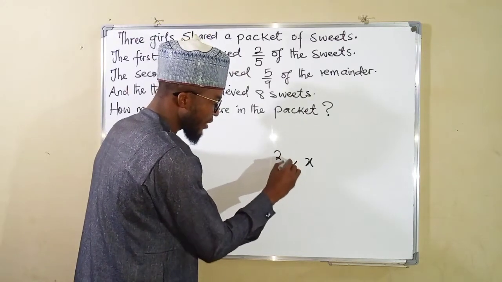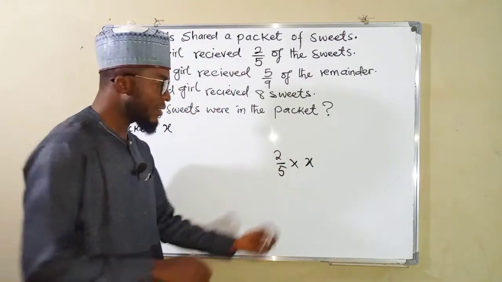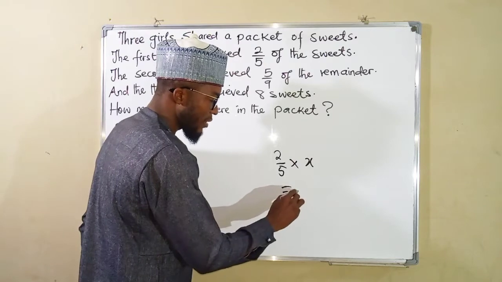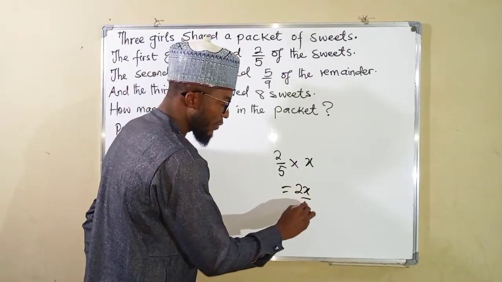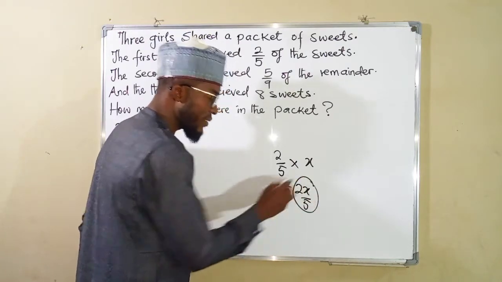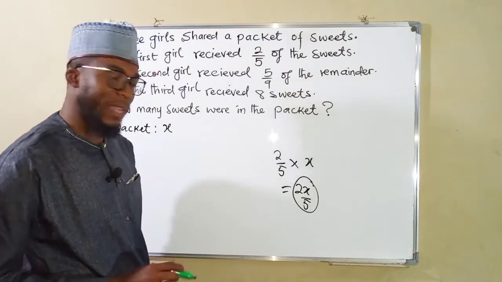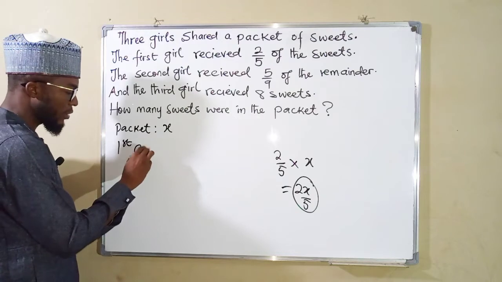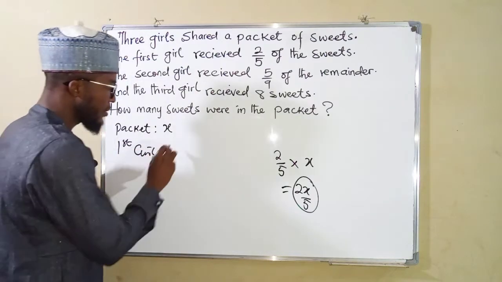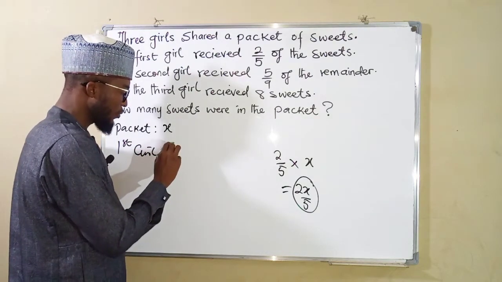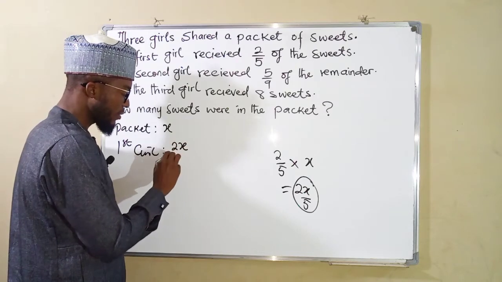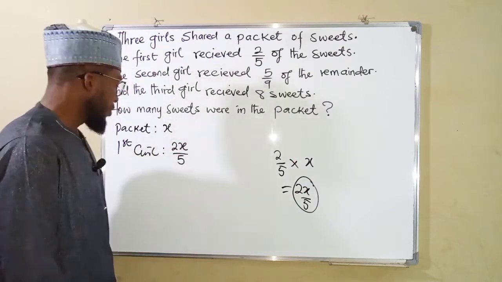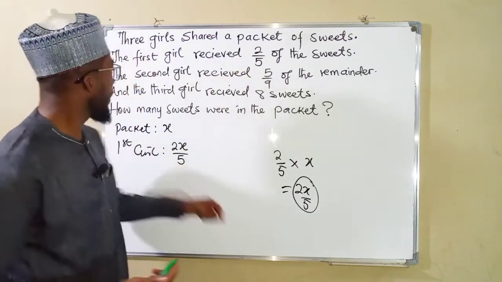So this is the same thing as saying 2/5 times X, which is 2x/5. This means that the first girl received 2x/5.